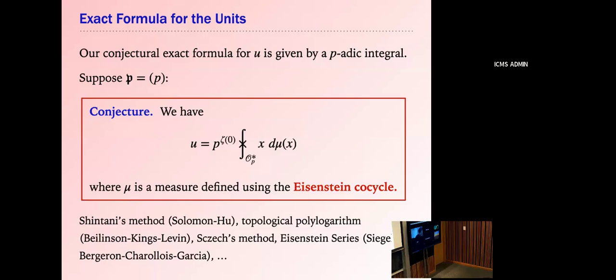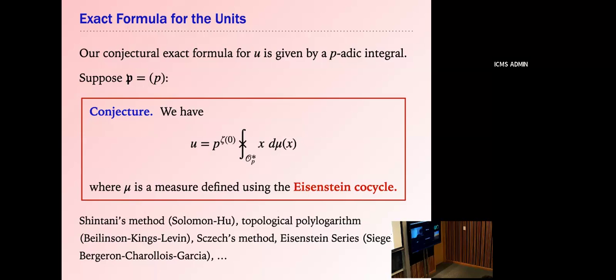And the cocycle properties of this were then studied further by Glenn Stevens, studying so-called modular caps. David Solomon then realized, and I think this was a conceptual breakthrough, that Shintani's method could be fit into the Eisenstein cocycle framework.